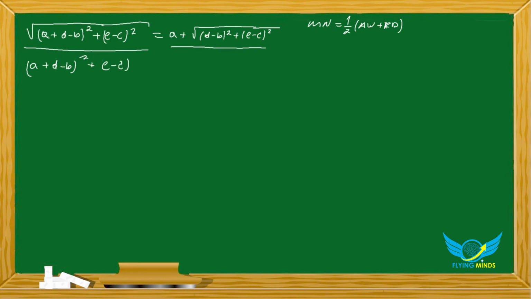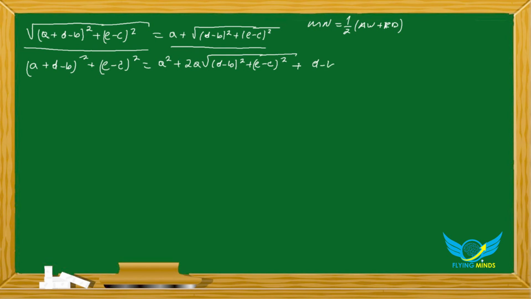So what we do is square both sides, because we want to get rid of the square root on the right. On the right hand side we have a squared plus 2a square root of d minus b squared plus e minus c squared, and a third term.